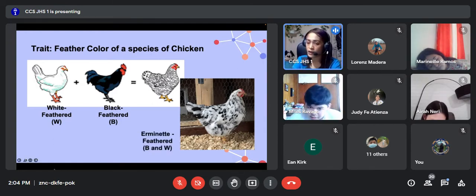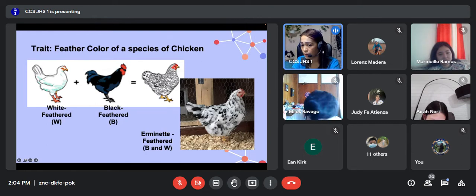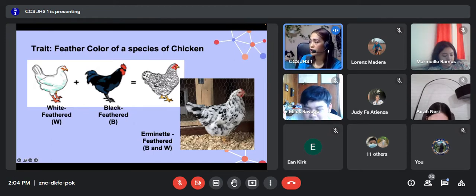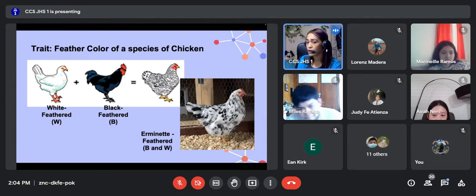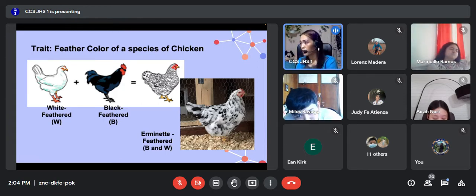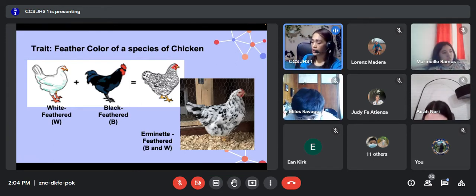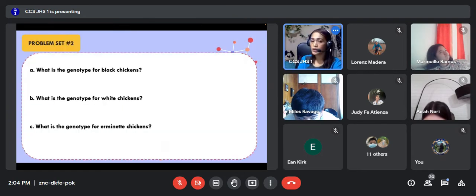As you can see in this actual example of this species of chicken, there are individual feathers that are white and some feathers that are black. It looks like a Dalmatian. Are you familiar with Dalmatians? It's the Dalmatian version of a chicken, with black feathers, like black spots. We call this heterozygous condition erminette, meaning it has black and white feathers.